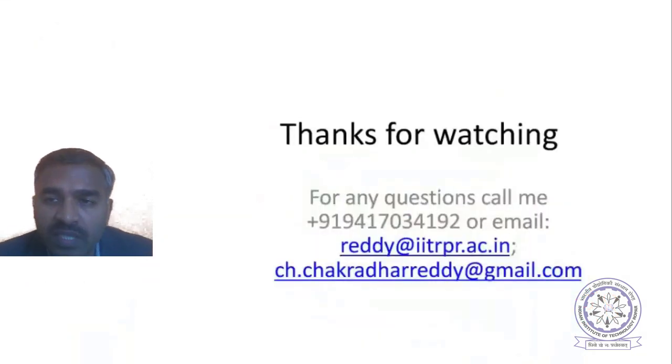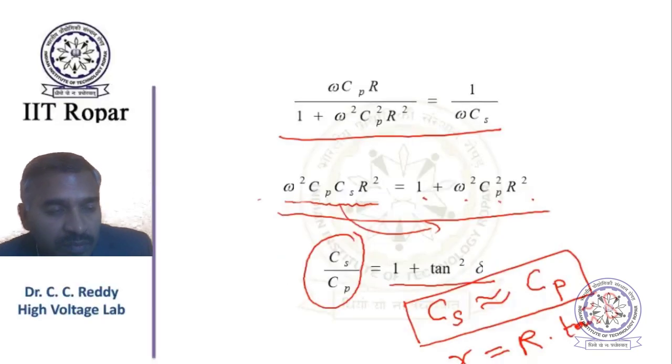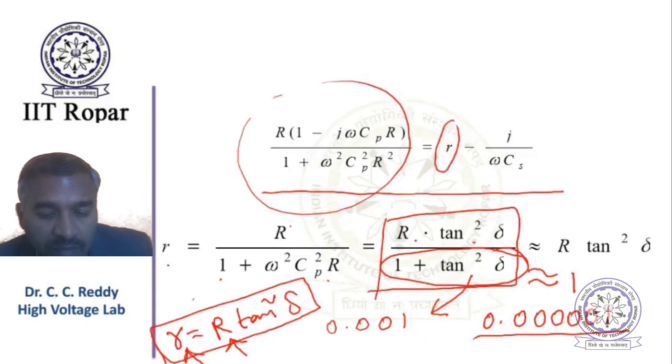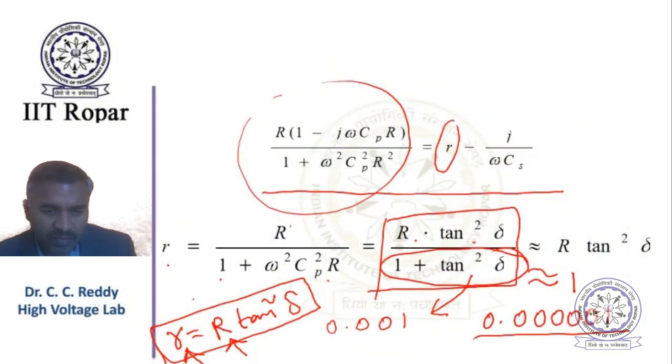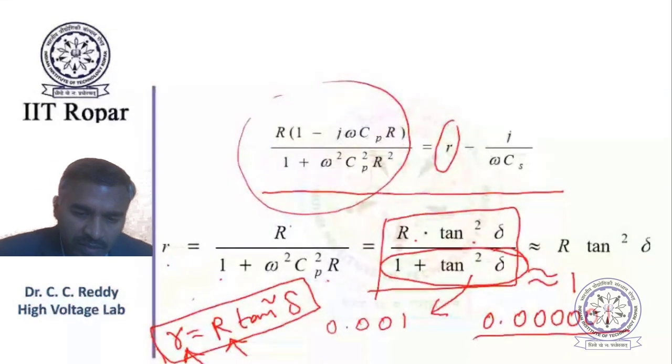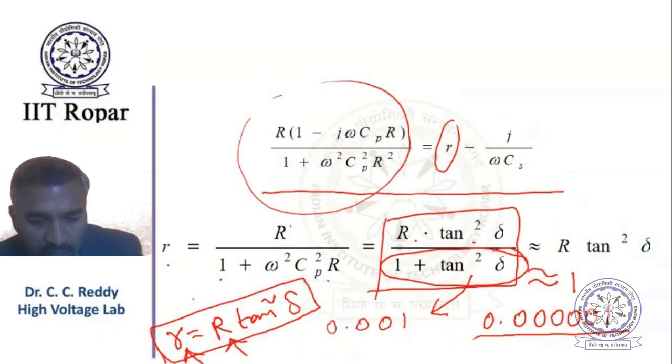Okay, do you have any questions? Sir, in the previous slide where the real parts were equated, small r equals R by 1 plus omega square Cp square R square, no? This is R square. Yes, you are right. So in the numerator, how do we get tan square delta, sir?